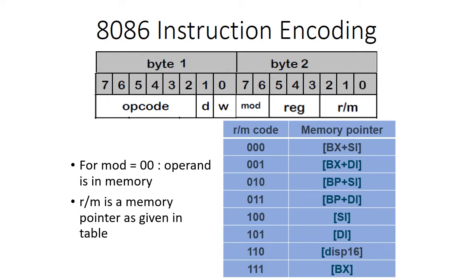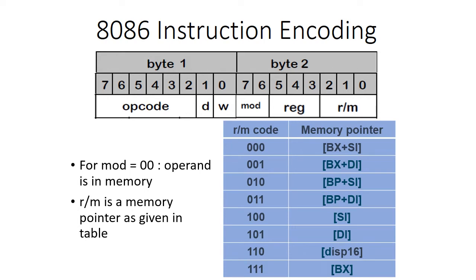For the case mod field equals 00, the patterns 000 through to 011 in the RM field specify base index addressing of the operand. The base and index registers are as shown in the table. The pattern 110 specifies direct addressing of the operand.